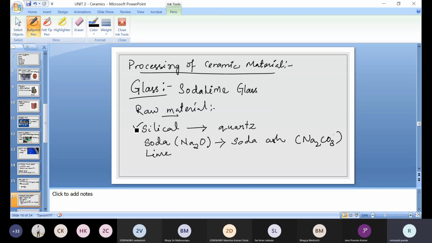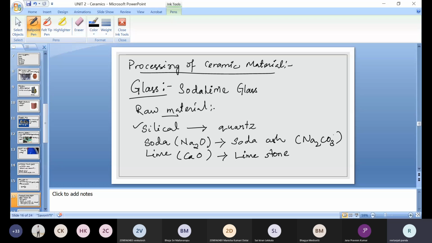Okay, so if we need the raw material silica, we will get that from quartz. Similarly, if we need the raw material soda, we will get it from soda ash. Similarly, if we need lime, lime means calcium oxide. For that we will be using limestone. Limestone means what, you understand?